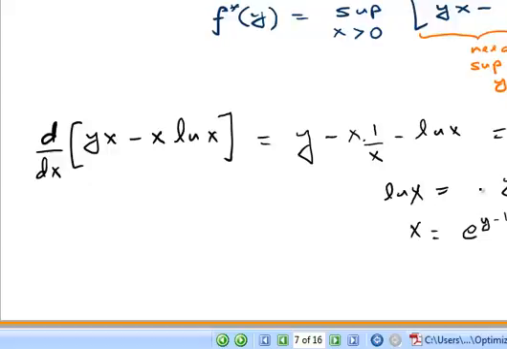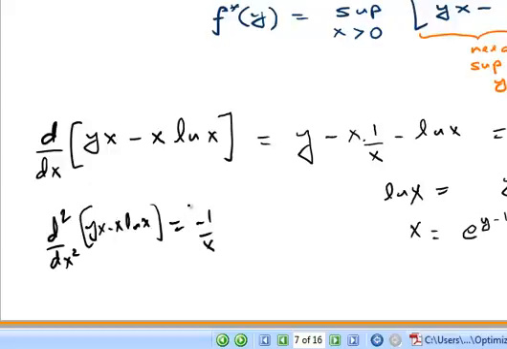So eventually, d squared of yx minus x ln x is minus 1 over x. Is that positive? Correct? Oh, it's negative.